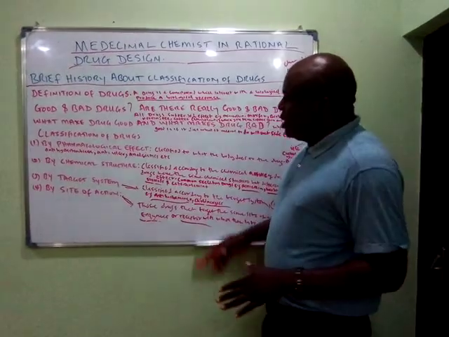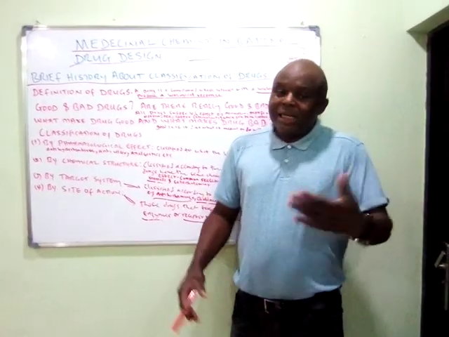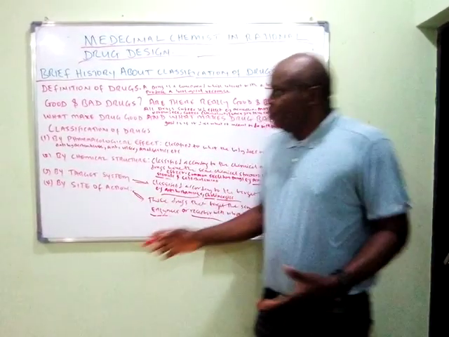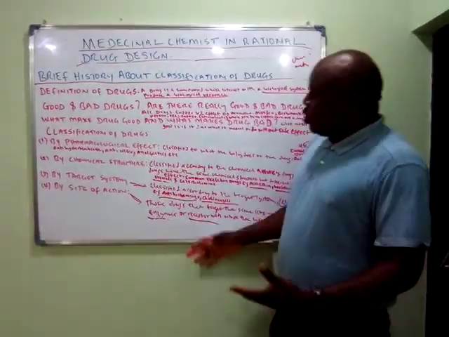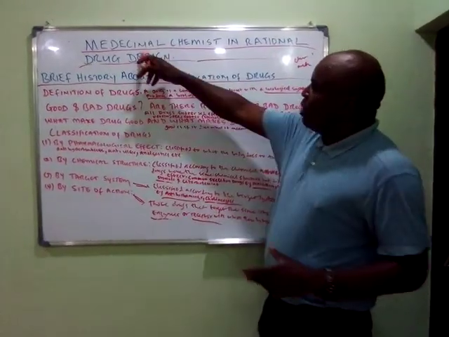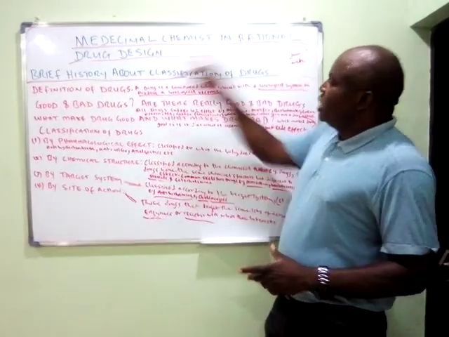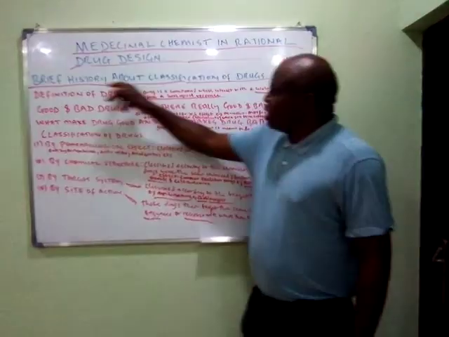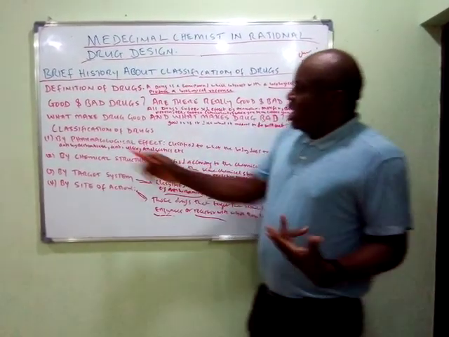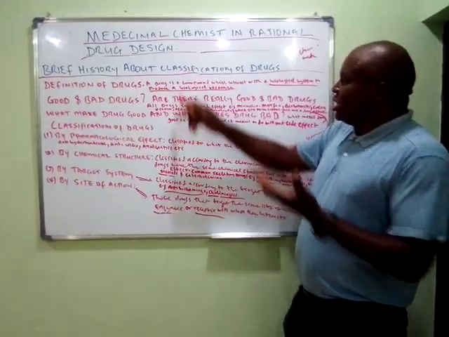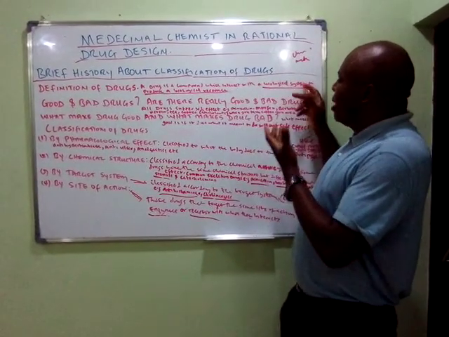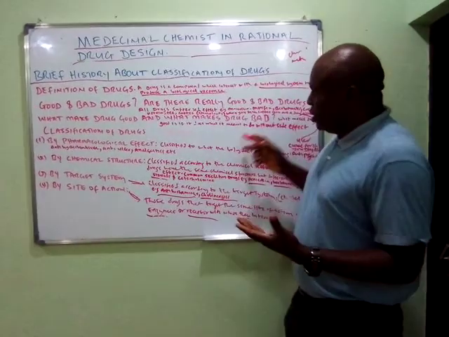So ladies and gentlemen, that takes us to the end of the lecture. Like I said, it's going to be a brief lecture. But before I conclude, I'll say it again: the name of the topic, Medicinal Chemistry in Rational Drug Design. I talked about the brief history and classification of drugs. I also defined a drug as a compound which interacts with the biological system to produce a biological response.